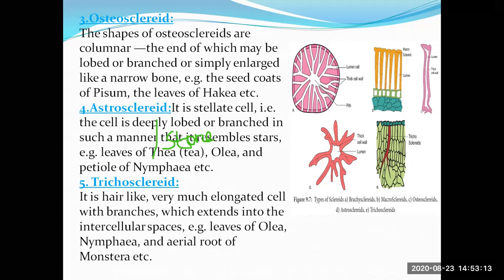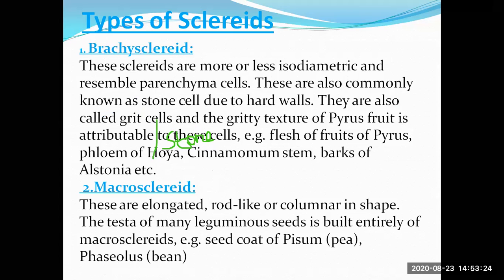Generally, we can commonly find them in the palisade tissue, and also in the seed coat of several leguminous seeds.